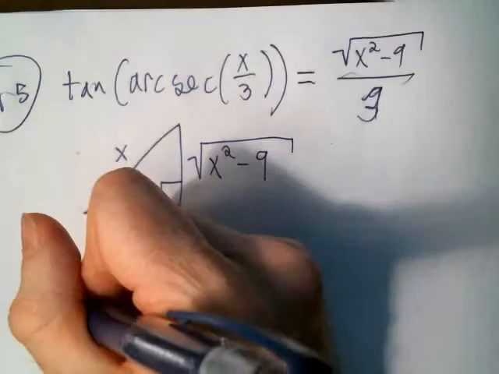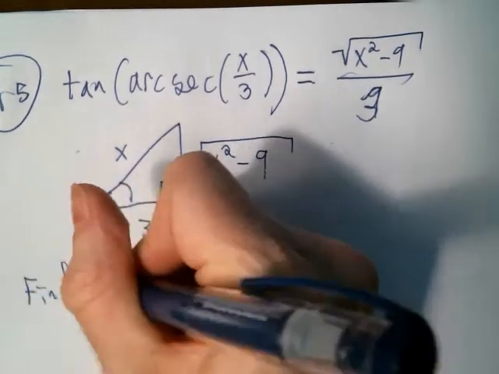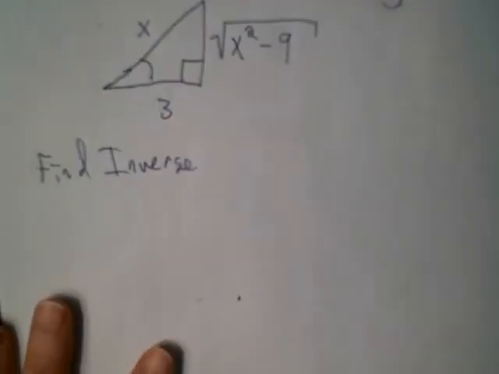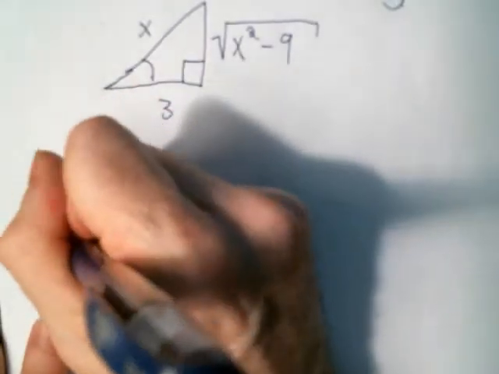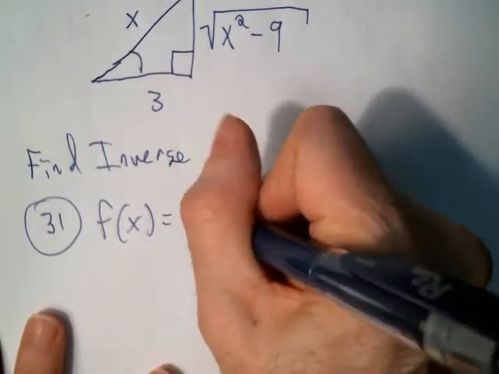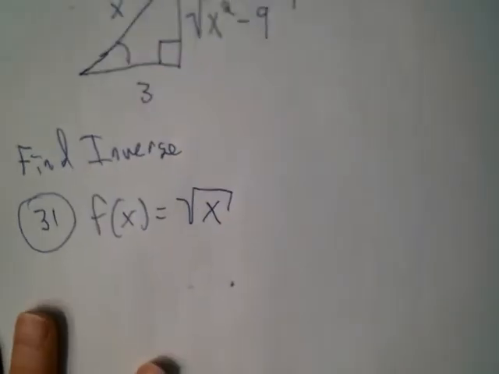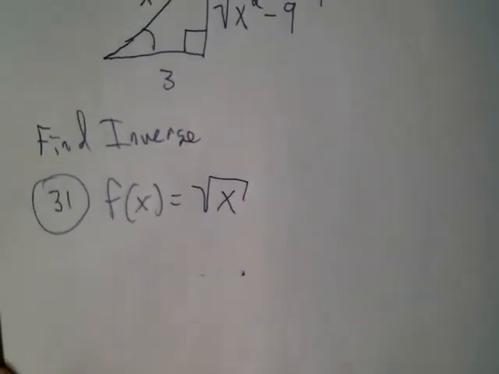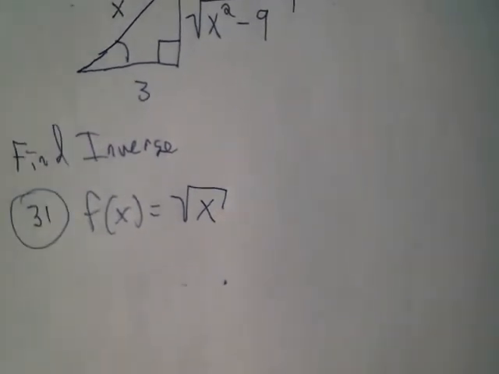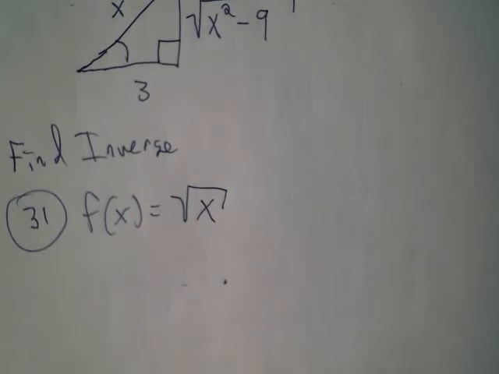Anyways, let's just do one where we find the inverse of a particular given function. And again, this will be one of those radical ones. So f of x is equal to the square root of x. So in order to do this appropriately, I need to be cognizant of the domain.